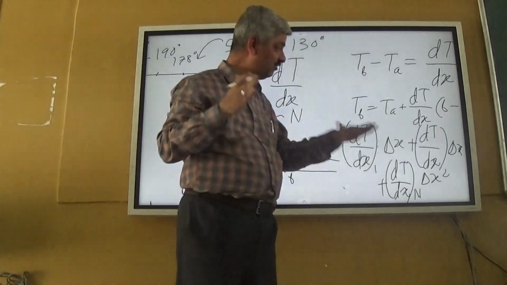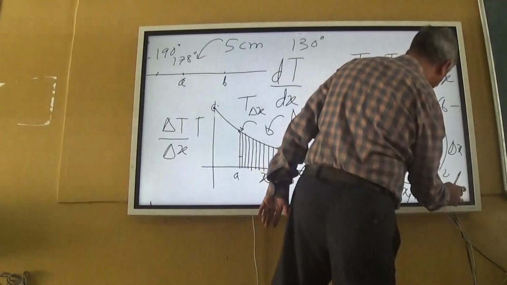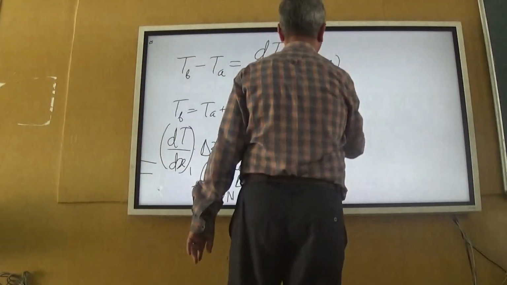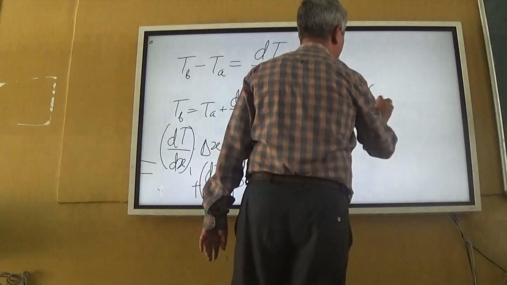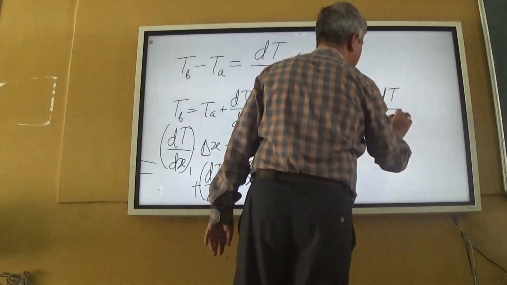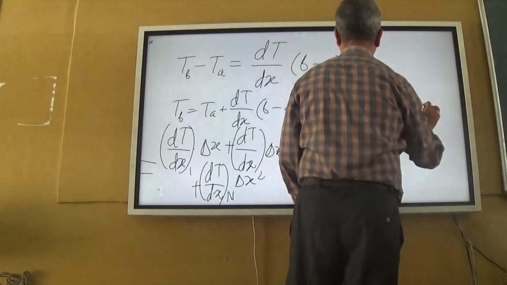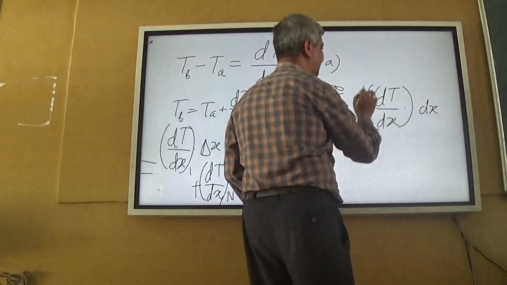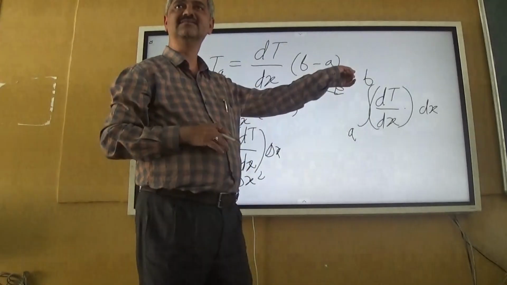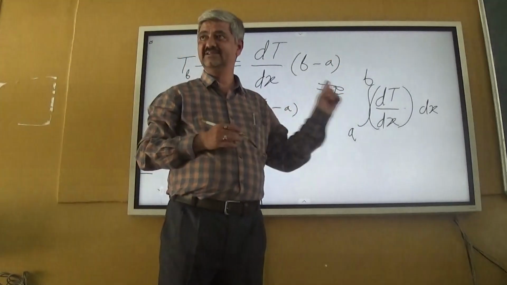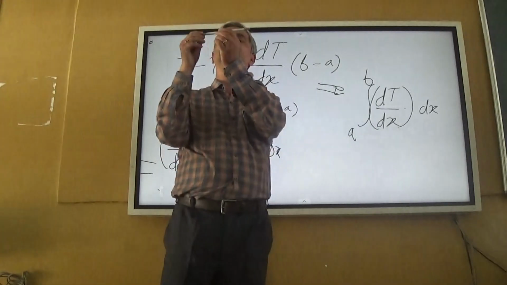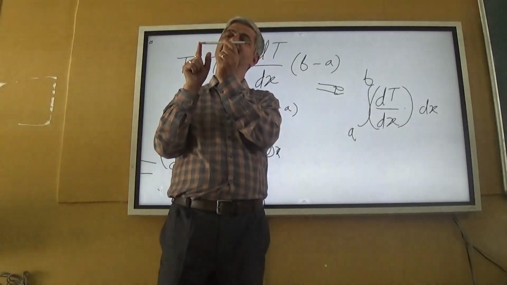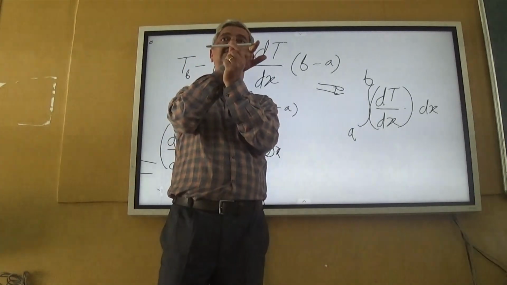As delta x tends to 0, this summation goes to integration, integration of dt by dx into dx from a to b. From a to b, right? dt by dx from a to b. Here we simply say the temperature falls over the line, temperature gradient.